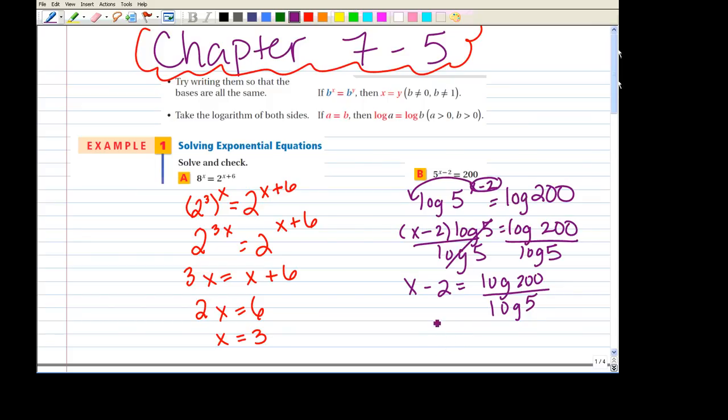And then I'll just need to add 2 to both sides. So at that point, you would stop and type into your calculator log of 200 divided by log of 5, and then you would want to add 2, and you'll get about 5.292.